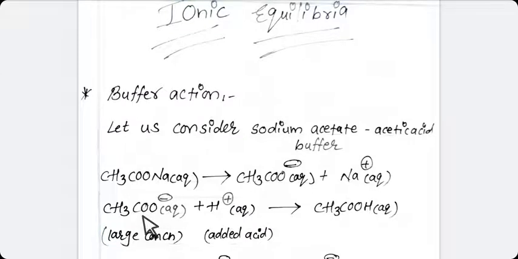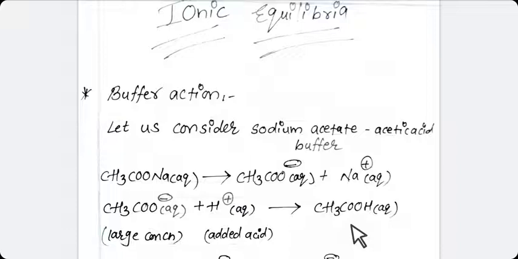We are having the buffer solution, means sodium acetate and acetic acid buffer. In this we are adding strong acid. So this strong acid reacts with acetate ion, which is produced by sodium acetate, and produces acetic acid.